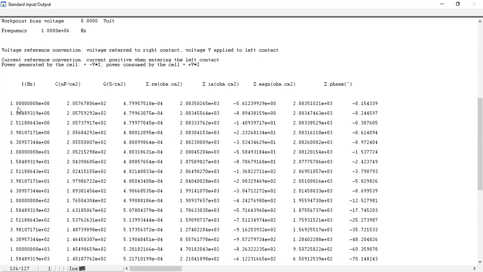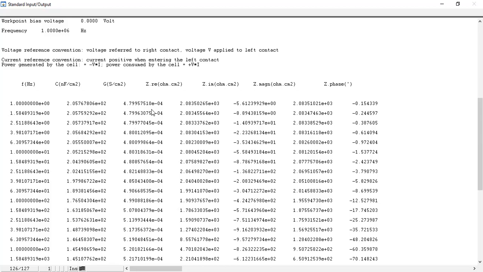We can see that when we have a lower input frequency, the capacitance was higher, and when the frequency was varied from the lower range to the higher range, it can be clearly seen that the capacitance tended to decrease. I have already explained in this graphical representation that there is an inverse relationship between the applied input frequency and the capacitance of my perovskite device.